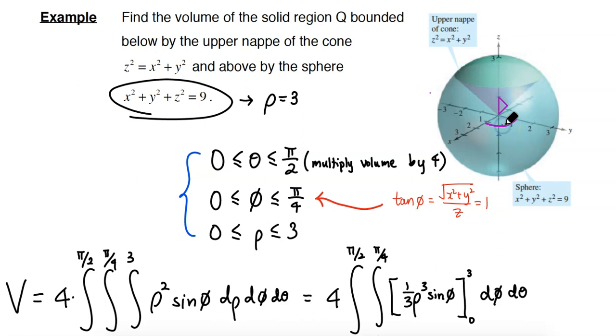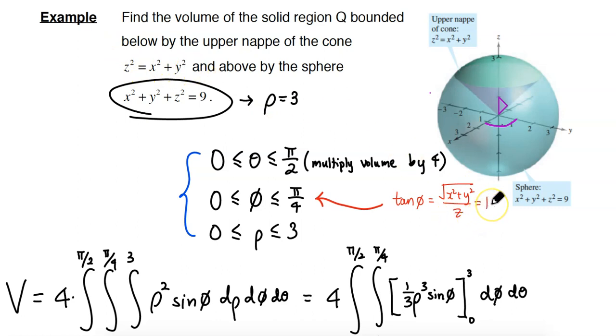And then this is divided by the adjacent side, which is this here, and that is z. So tangent phi is equal to the square root of x squared plus y squared over z. And this happens to be equal to 1 because z squared equals x squared plus y squared.